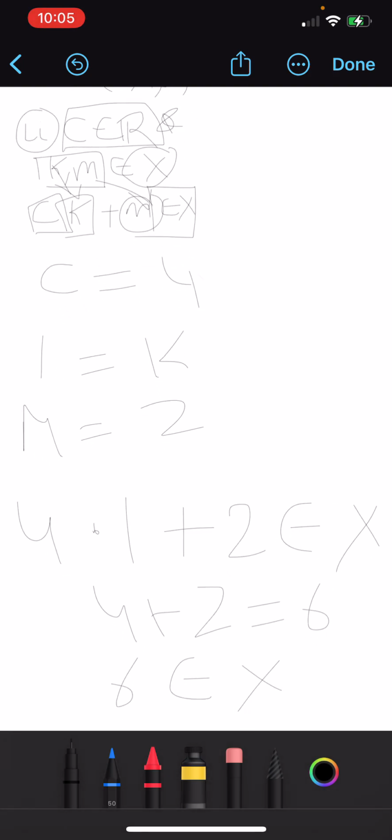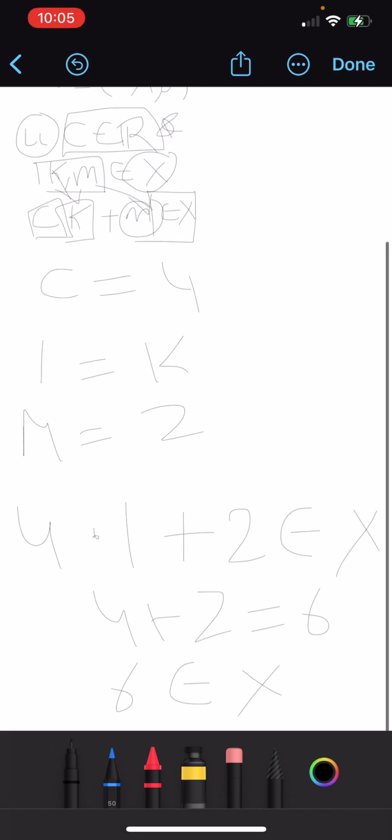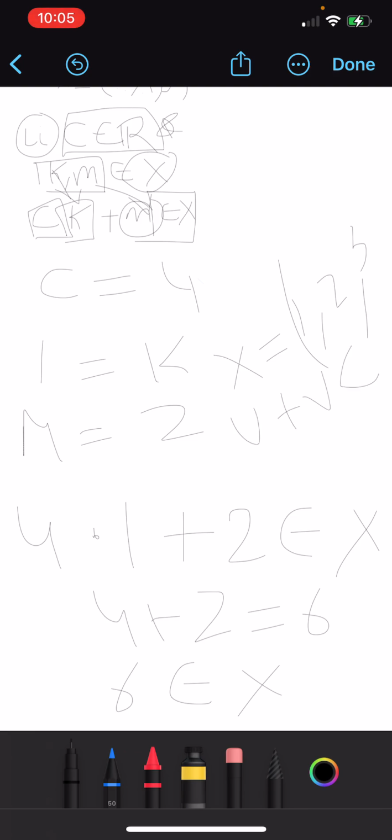Let's say my set X consisted initially of k, which is 1, and 2. We know it also contains 3, because 2 plus 1, remembering that u plus v is also part of X if u and v are part of X. This is from a previous condition. So now 6 is also part of it, and 0 is also part of it.